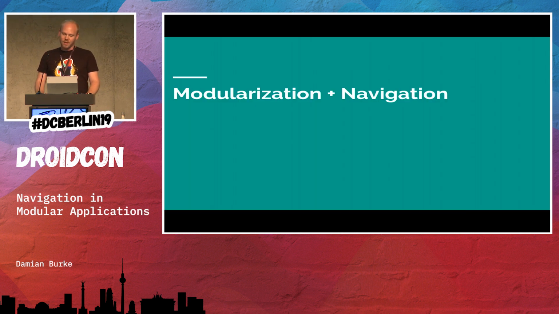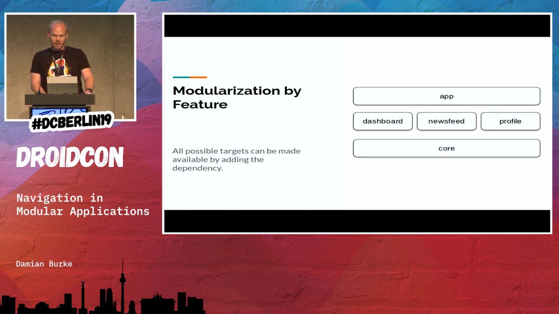Next, we will take a look at modularization and navigation. There are some things to keep in mind when combining both of these. So we will skip the single module because that's pretty obvious. We have access to everything and we can just take care of our navigation needs.